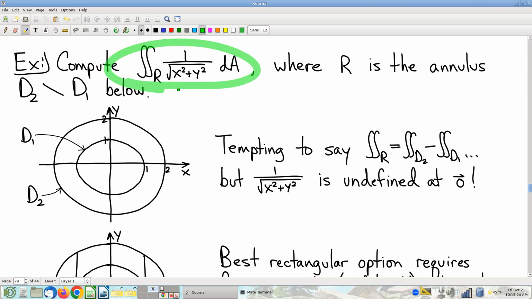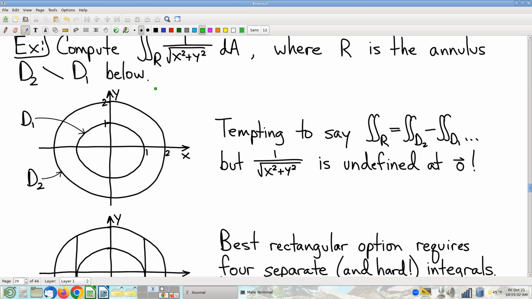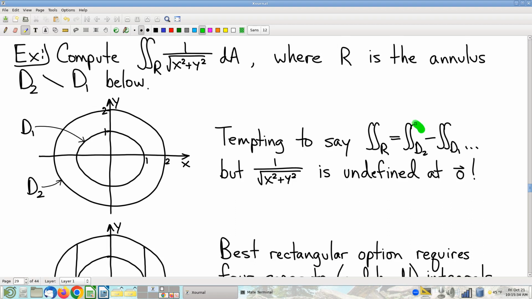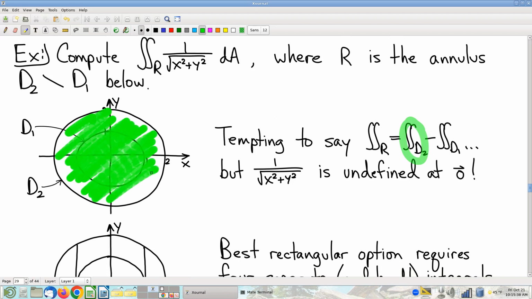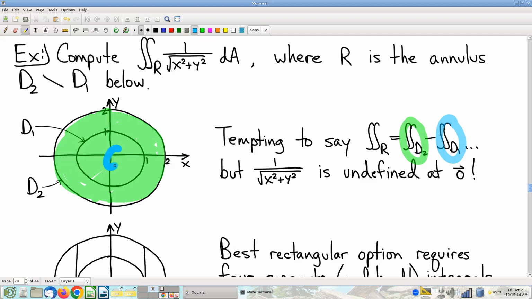I'm going to first show you a couple of attempts that will fail. The very first method I'm going to note is to say, well, you could just compute the integral on the big disk here, and then subtract the integral on this small disk.